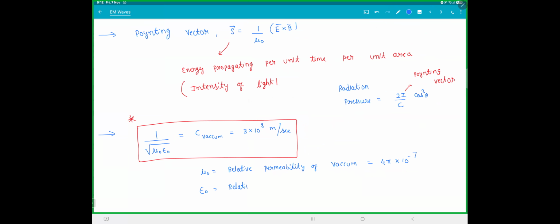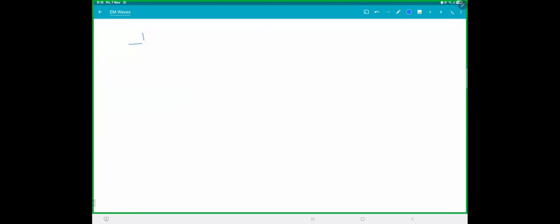Epsilon is permittivity. Remember, mu is permeability. That's an important result there: 1 by root over mu naught epsilon naught. If you take it as 1 by root over mu medium epsilon medium, then this becomes the speed of light in the medium.